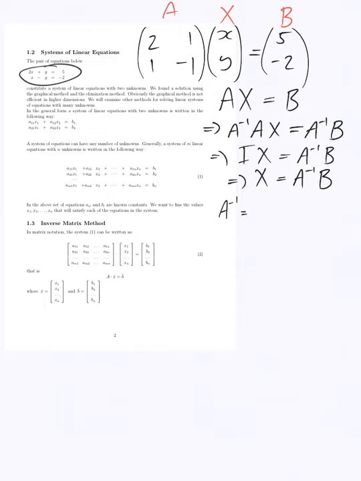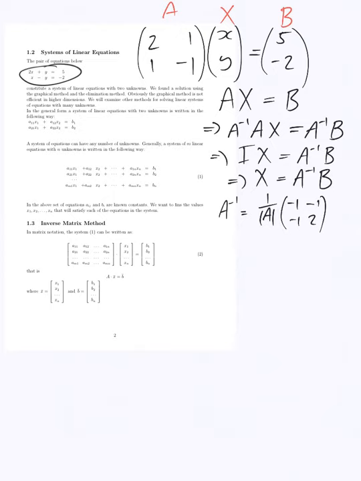A inverse is equal to 1 over the determinant times, if we go back to our formula, you see that you swap the 2 on the diagonal and then minus the other 2. So that's going to be minus 1, 2, minus 1, minus 1. So go back to your notes on the inverse matrix. That formula is there to get this.